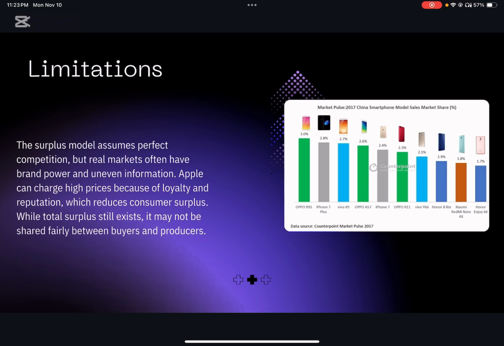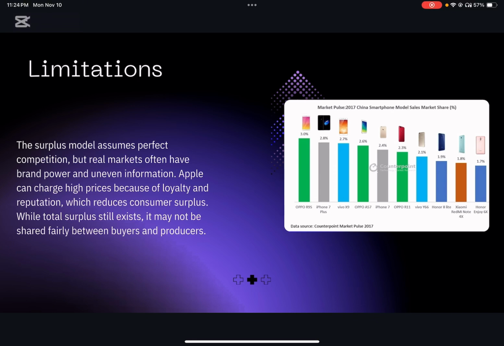However, these models don't always fit perfectly in real life. The idea of consumer and producer surplus assumes a perfectly competitive market where no single firm has control over price. In Apple's case, though, brand loyalty gives them market power. They can charge a higher price because consumers trust and value their brand.